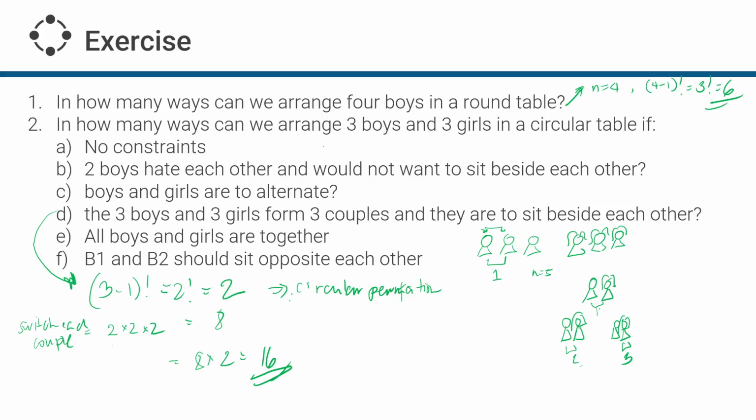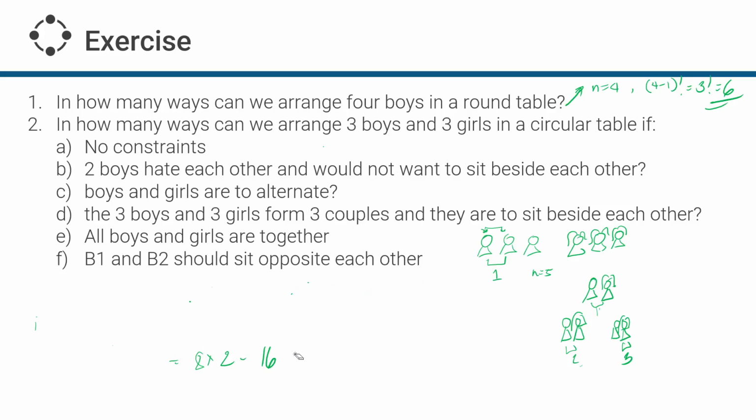So let's have the next one, letter D. I'll just erase this. All boys and girls are together. So if all boys and girls are together, we're going to treat each group as one block, right?